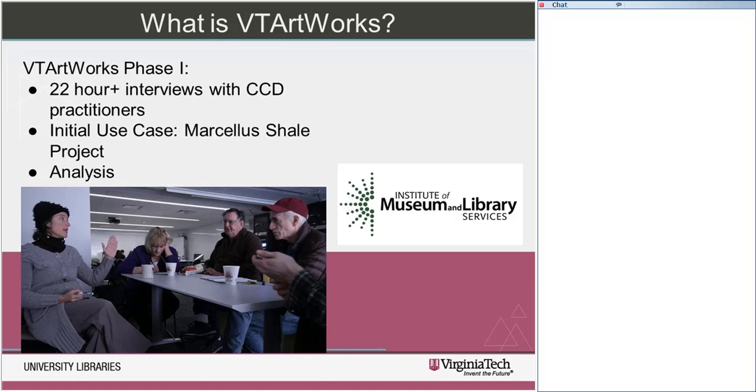So the whole group, all of the people who were putting on the versions of this play in all the different places, came to Virginia Tech in fall 2015, and they had a workshop. So we really used this as a way to interface with a use case and say, okay, what kinds of concerns do you have? What kinds of issues do you have?